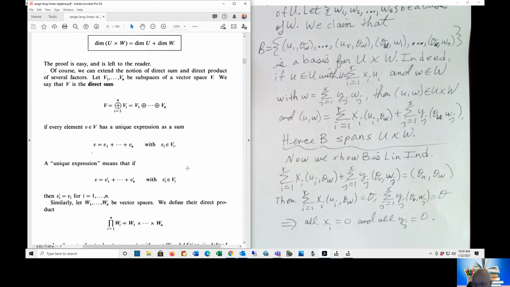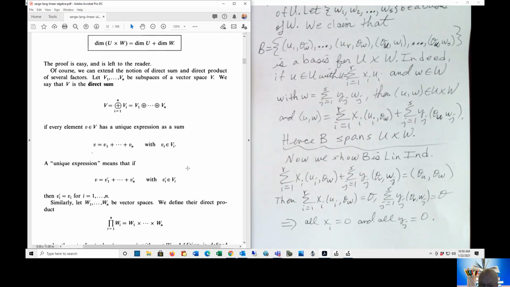Now, what we do is we set the ui vectors' combination equal to the zero vector of U and the wj vectors' combination equal to the zero vector in W. But since the ui's form a basis for U, and the wj's form a basis for W, we know they're linearly independent.